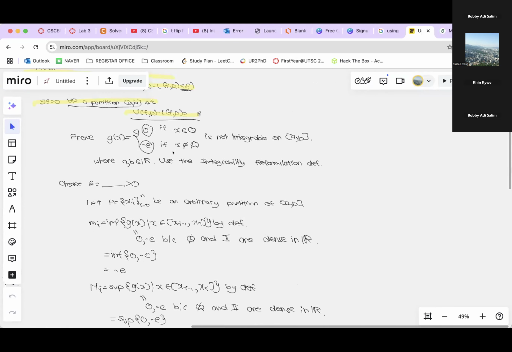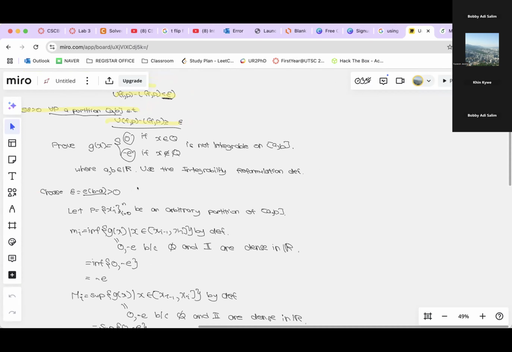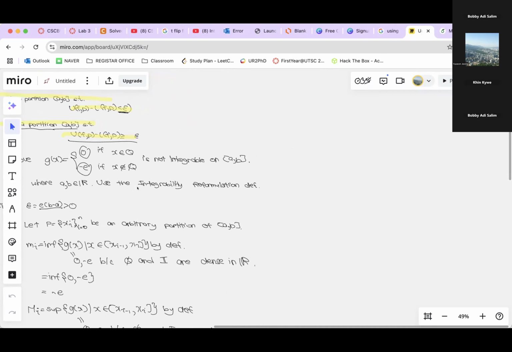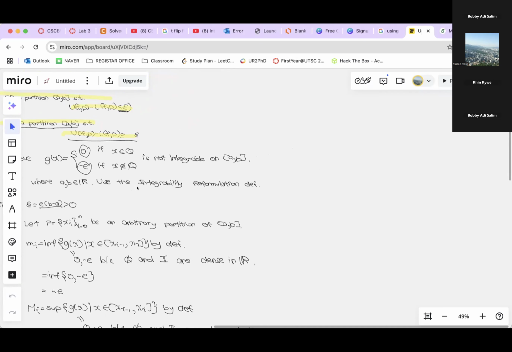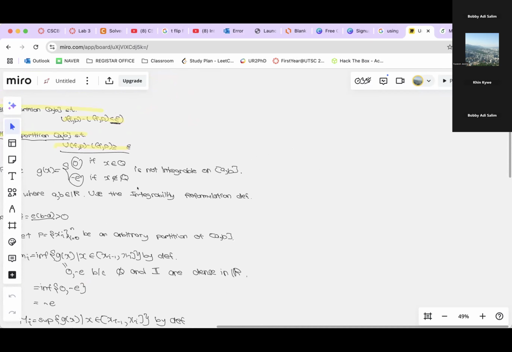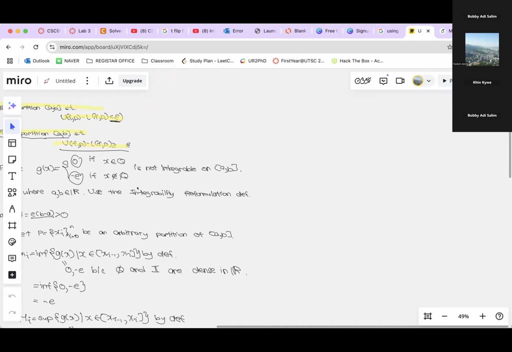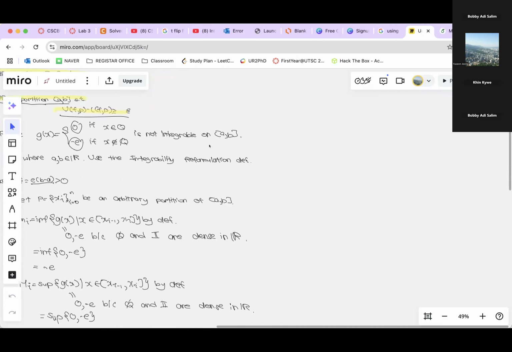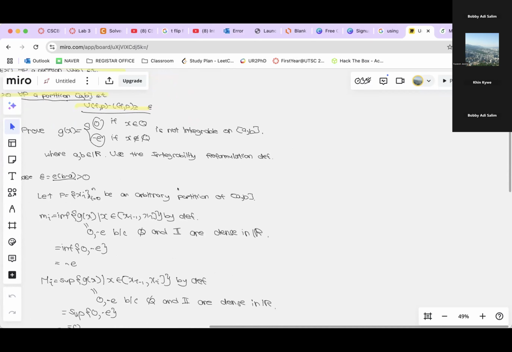So we can just choose epsilon as E times (B minus A), which is greater than 0. We know that it's going to be positive because E is positive and B minus A is greater than 0, since B is greater than A. So yeah, because of this A and B over here.